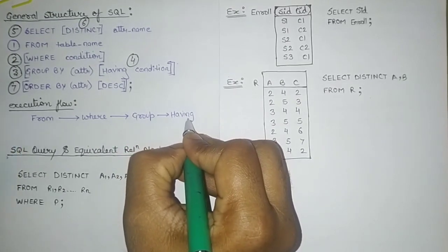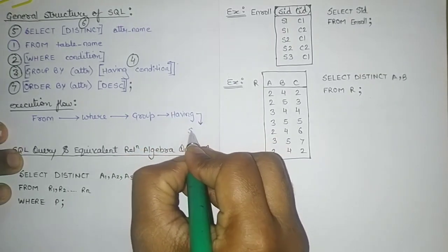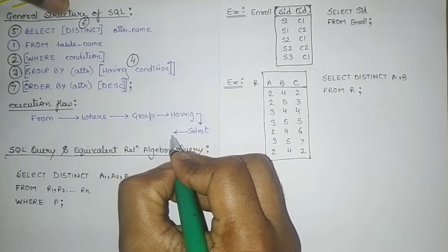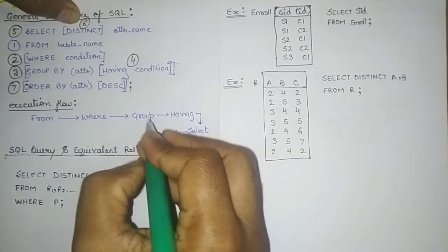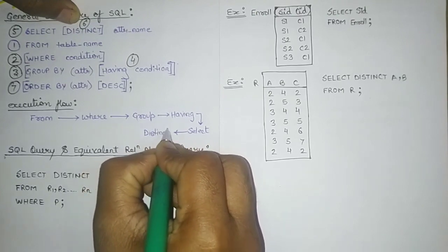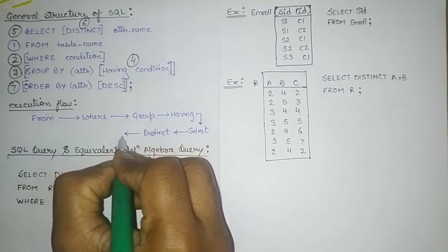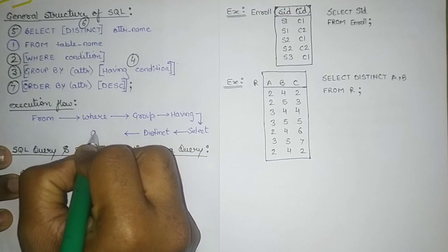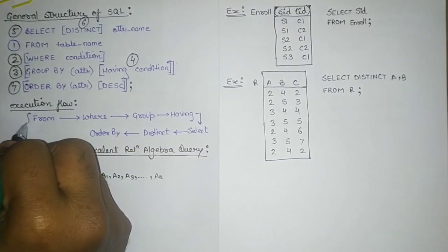After this having, we have to select some attribute. Then we check whether we have to select the distinct attribute or all attributes. First we select, then if distinct is required, we take only distinct values. After that, we have to sort them. Order by is used to sort the values. So this is the execution flow.